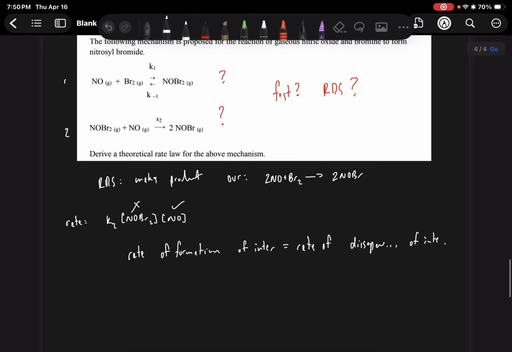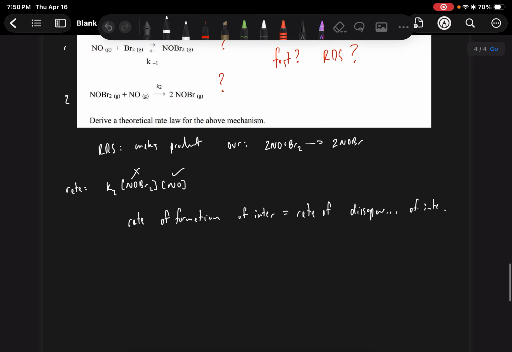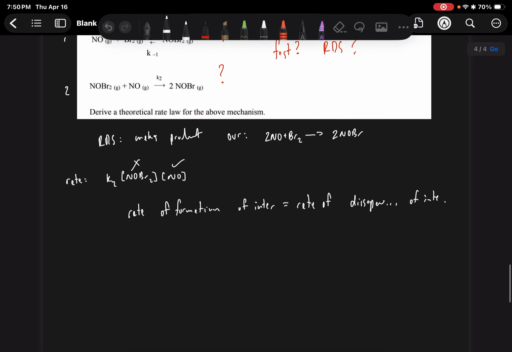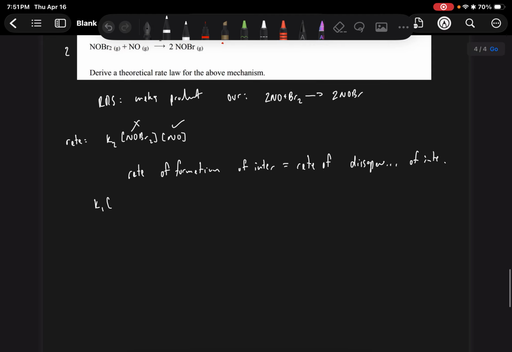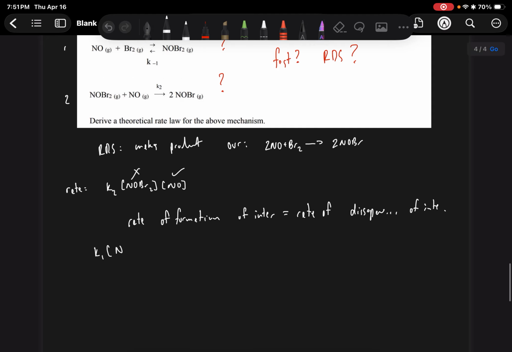So what does this mean? Well, what reactions are forming the intermediate NOBr2? Well, k1 is. So k1 NO Br2, because this is going to equal the rate. That's the only one that's forming NOBr2. Oh, no, there's the other one. Wait, no, there's only one.